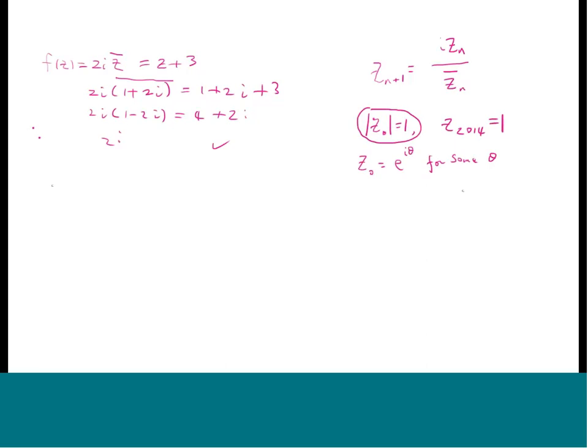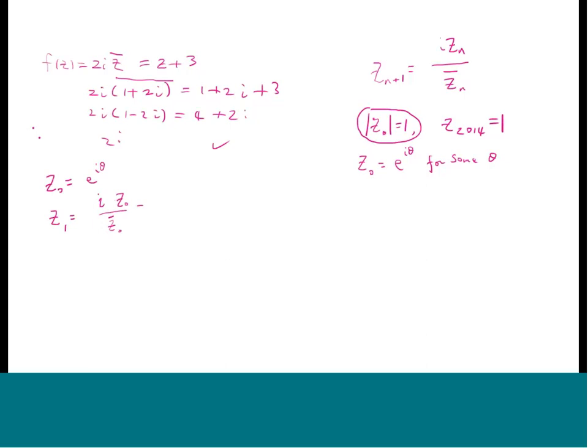z_0 is e to the i theta. z_1, just calculate it, is i times z_0 over z_0 bar.